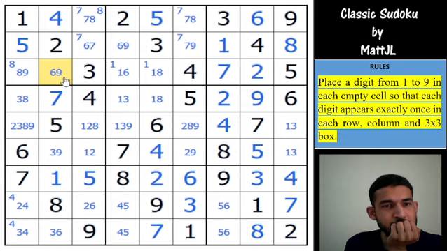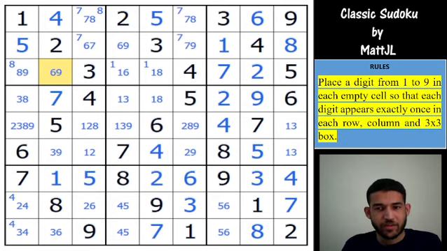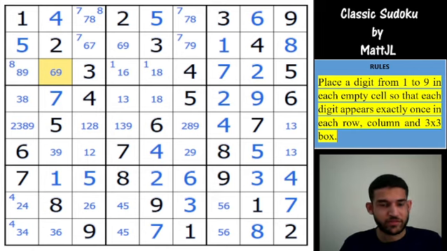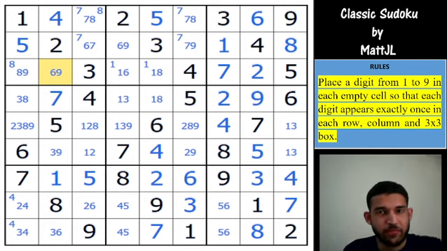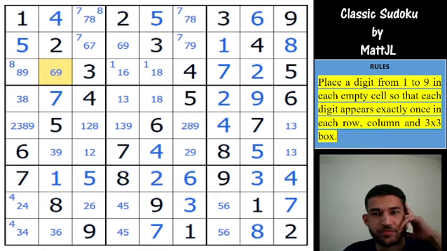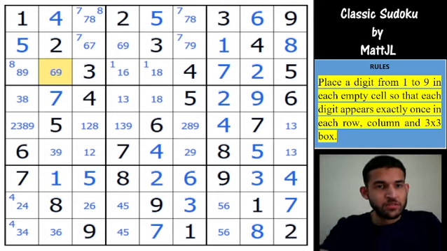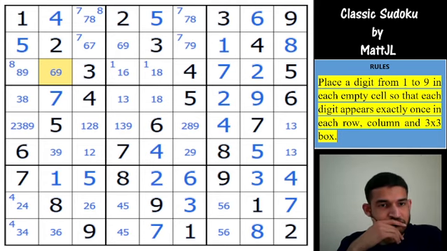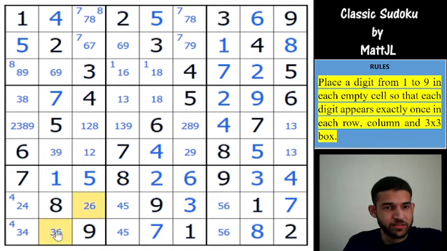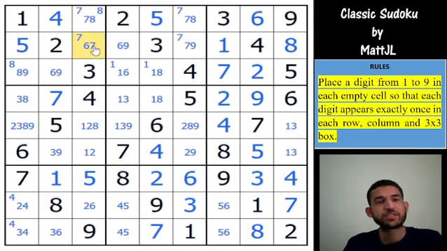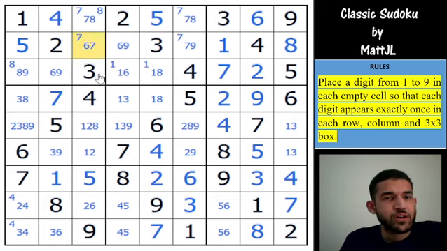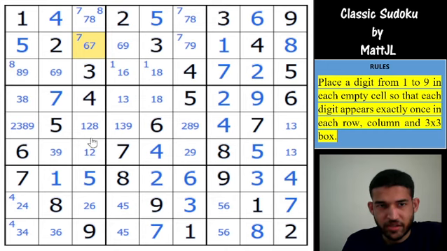I'm sorry for this, guys. I seem to be really stuck here. I'm unable to get anything at this point. Let us try a bit more maybe. How much time have I taken? 21 minutes. Okay. Are these pencil marks playing any part? 2, 6, 6, 7. Okay. Don't think that's the case.